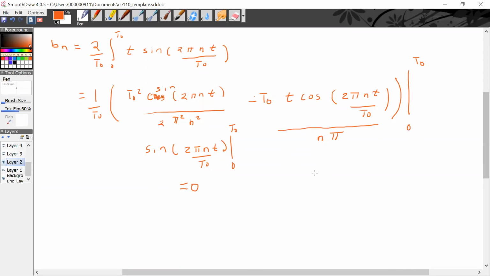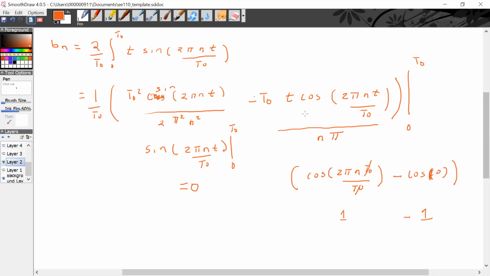Over here, we'll have cosine of 0, which is 1, and cosine of 2 pi n is 1.